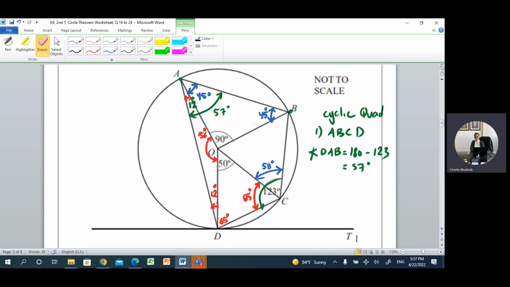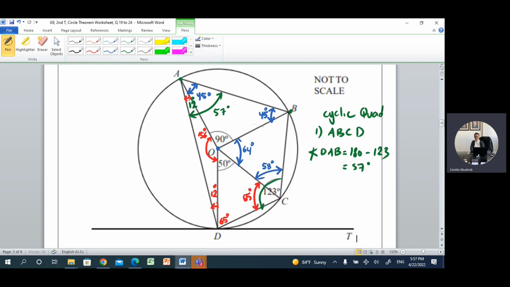Now we want to find this angle here. We have 4 angles at point O. So if you add 156 and 90 and 50, they will add up to 296. Subtract it from 360. So this angle is 64 degrees.